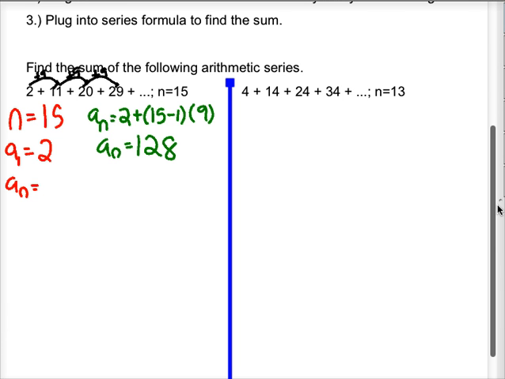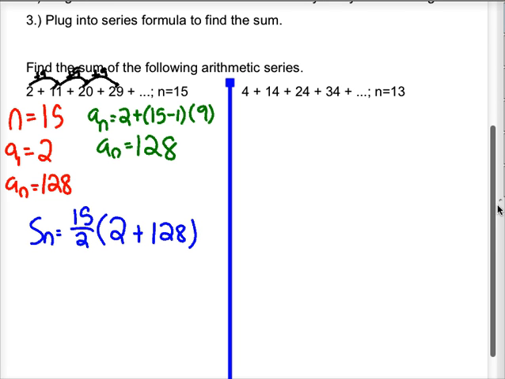Okay, so again, go to the explicit formula whenever you're missing a piece of information to get that missing number. And now that I have that, I can use my summation formula. n divided by 2, then add my two terms.